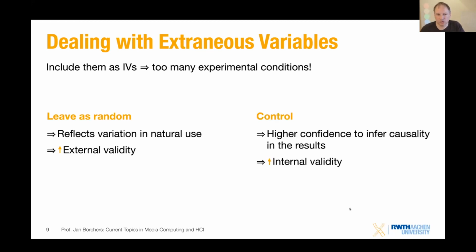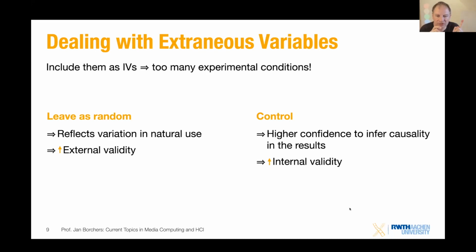If, on the other hand, you control all your extraneous variables, like interruptions during a task or phone calls coming in, then your internal validity goes up, and you get higher confidence that you can actually derive causality from your results. So you can show everything else has stayed perfectly the same between these two conditions, right? No interruptions, no extraneous variables, no confounding variables.